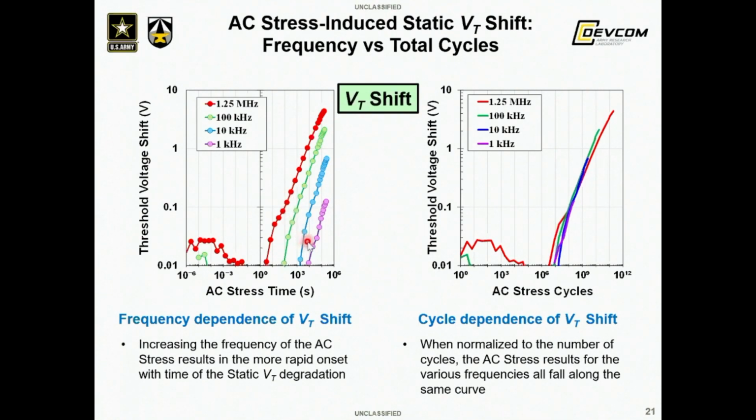So what we observe is that with the higher frequencies, the effect is observed sooner in time. But if we normalize all to the number of cycles, the various curves fall on top of each other. So it's clearly a function of the number of cycles, not frequency or time.